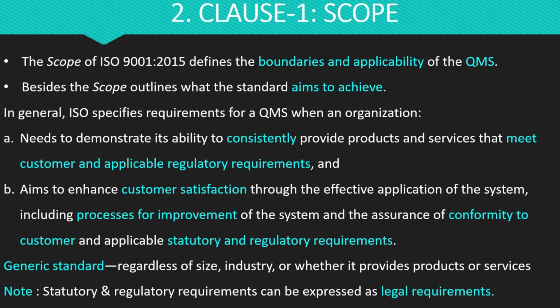And not only satisfying the customer, we have to have an improvement of the system, and we have to comply with the customer and the applicable statutory and regulatory requirements. In general, the standard is universal or generic, and it can be implemented regardless of the size of the organization, the industry type, or whether it provides products or services. Note: both statutory and regulatory requirements can be expressed as legal requirements in the standard.